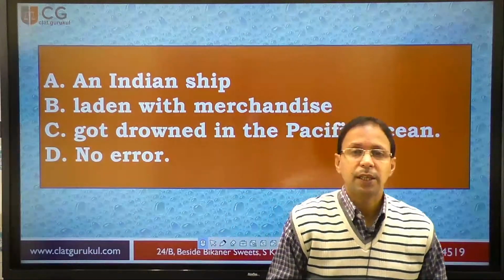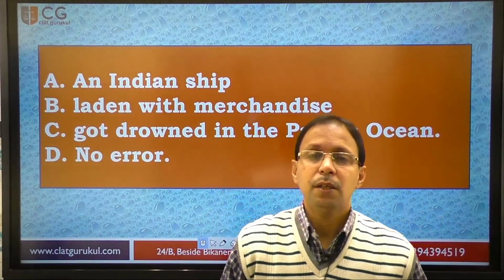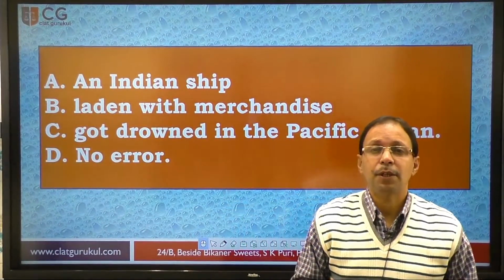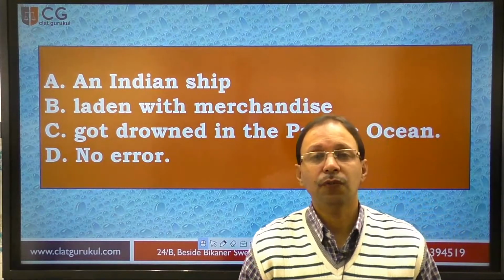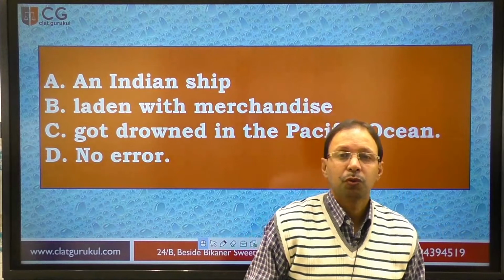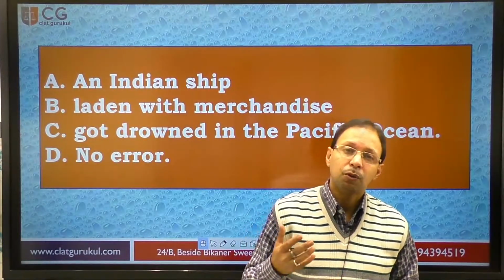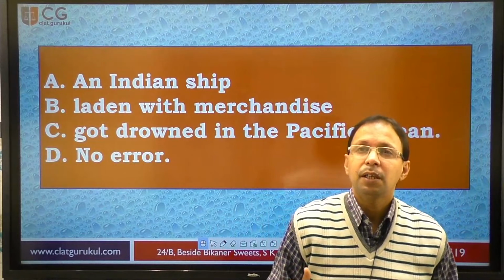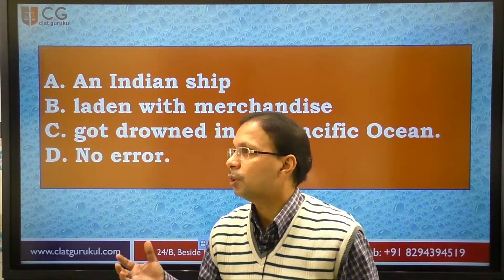Do remember one thing: in the case of a human being, it should be drown, but in the case of an inanimate object it should be sank. But the word sink can also be used for a person too, right? We can say that the ship sank, and we can also say that a person having an ailment is sinking. It means that his condition is deteriorating. Pramanshu, good evening.